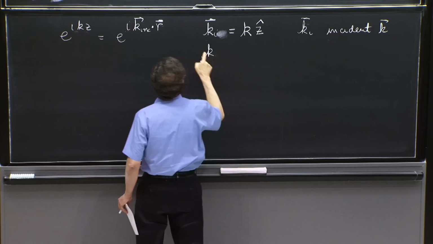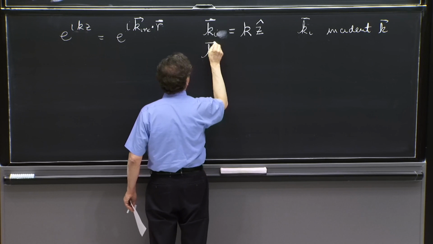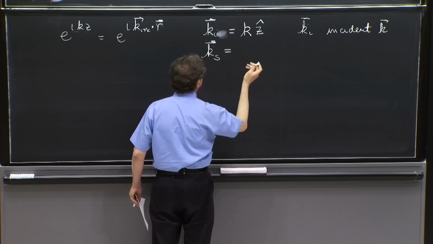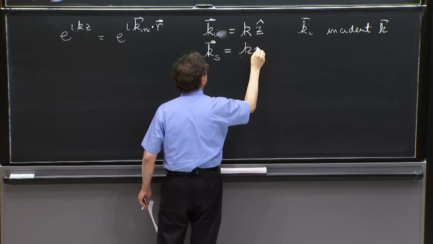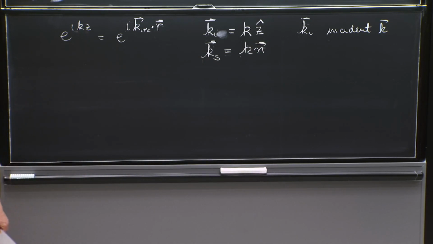And then, well, we're looking at the direction r, so we call the scattering momentum, or the scattered momentum, k n. You're looking at that distance, so might as well call it that way.